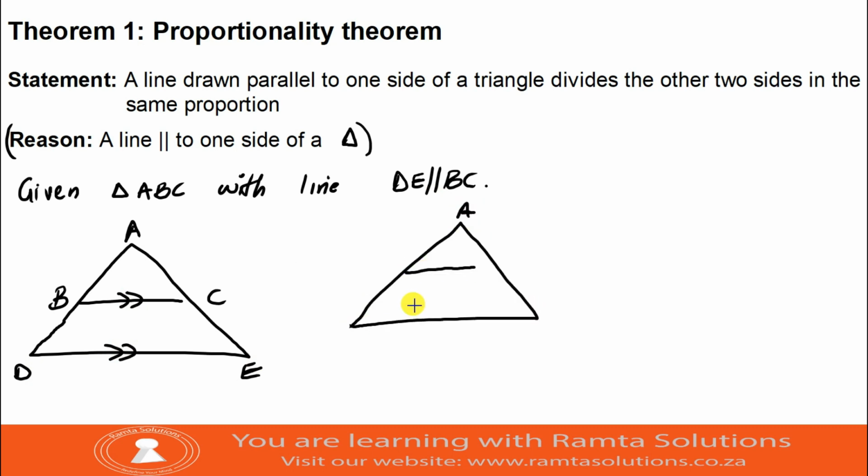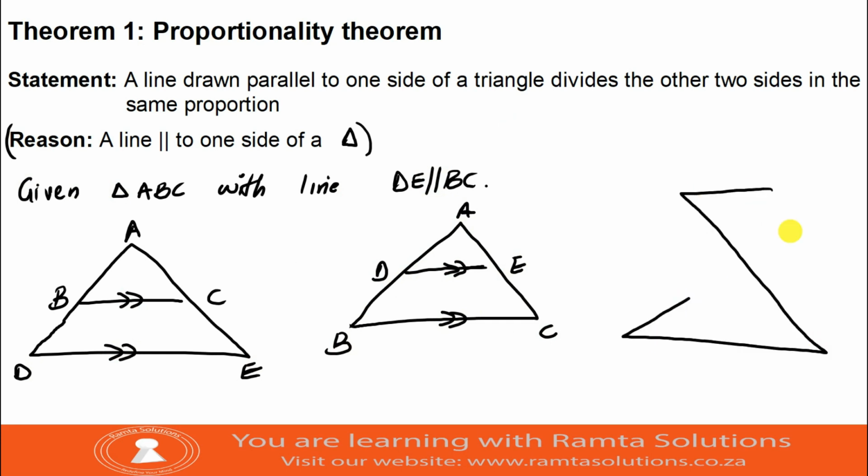A, B, C, and call this one here DE. Remember, the information given is that line DE is parallel to BC. Or alternatively, you can have it like this. Let's maybe call this one here ED and call this one here BC.